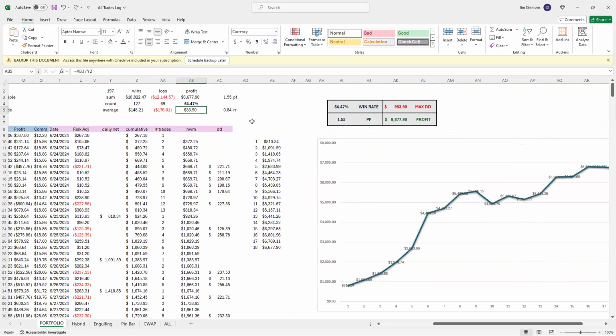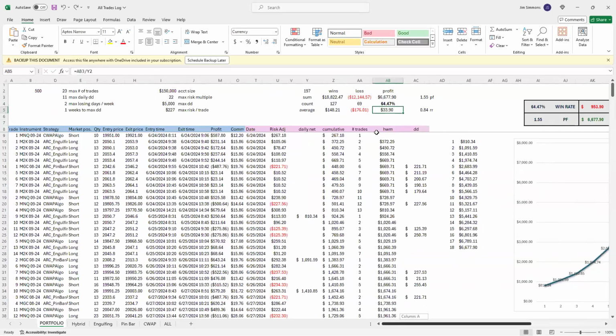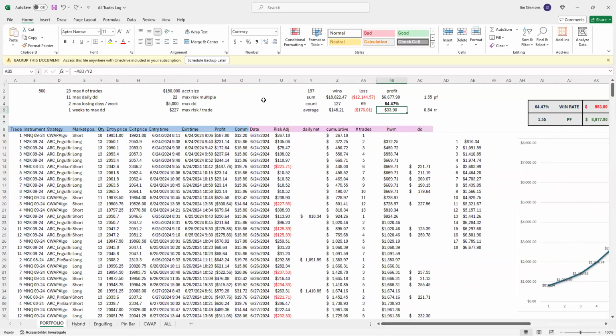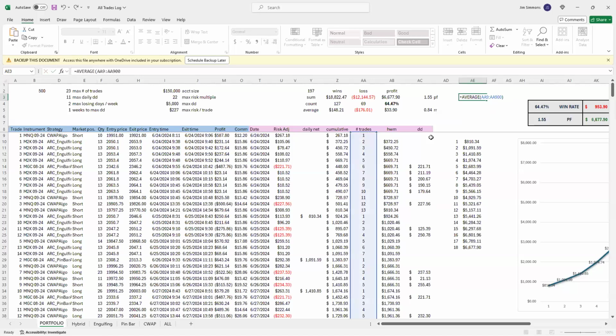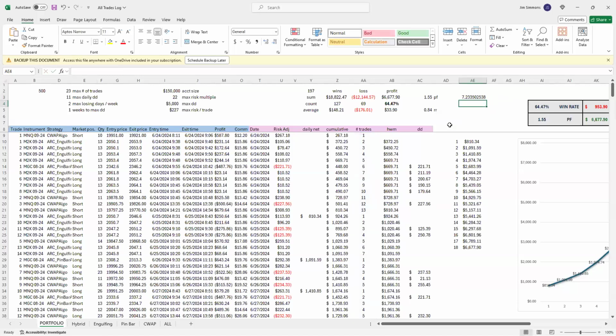You're not going to average 23 trades a day. We can figure out what that is actually. Let me see if this will work. Yeah, that's pretty reasonable. I'm sure that's pretty accurate, actually. So about 7 trades a day is the average.